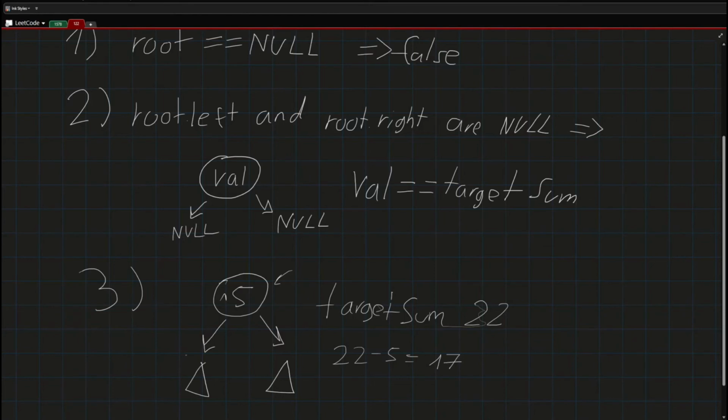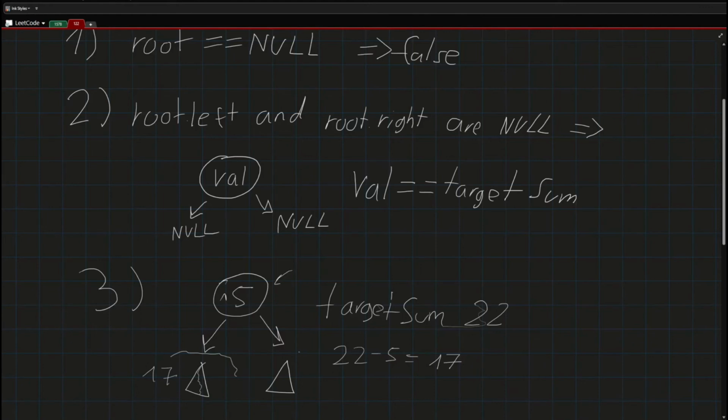So either we can go inside the left subtree and inside here find a path from the root of the left subtree down to a leaf of the left subtree, and this path in here must have a sum of 17.